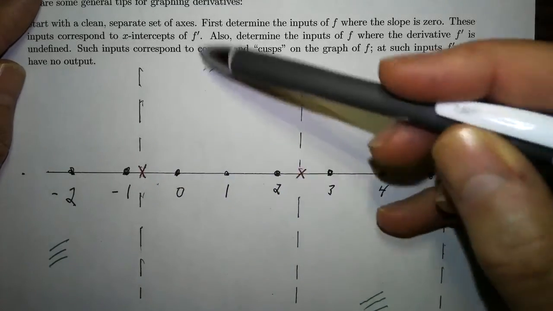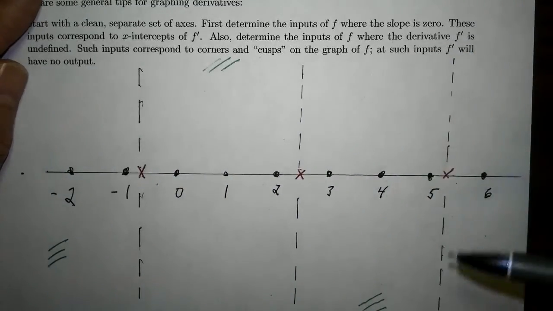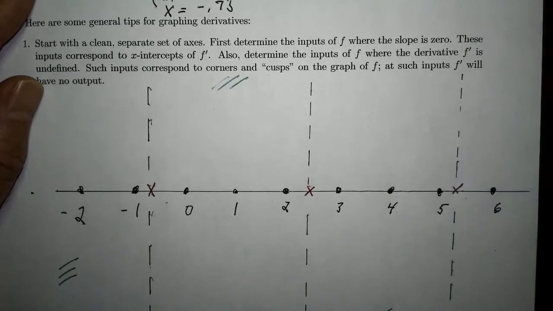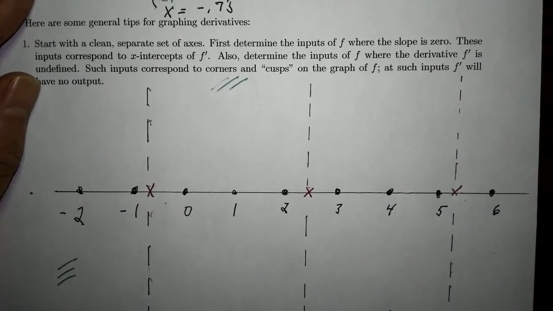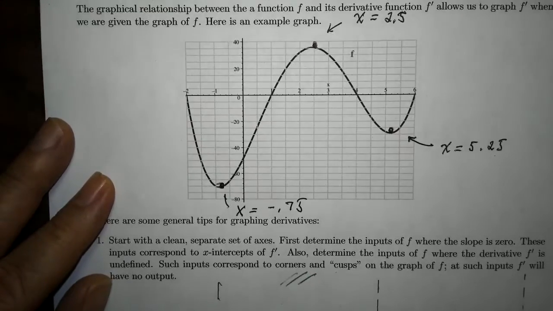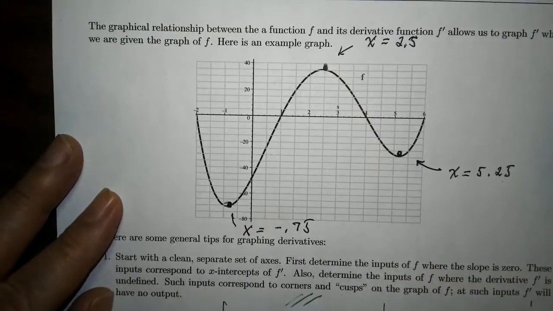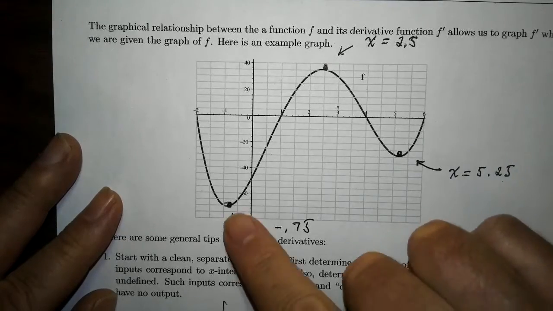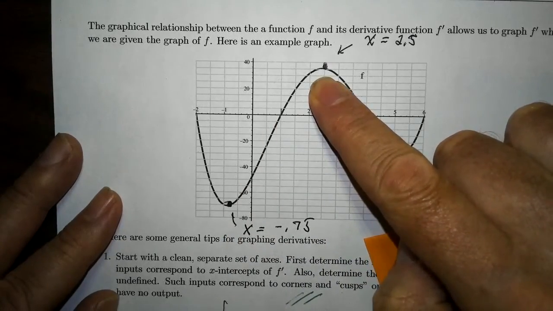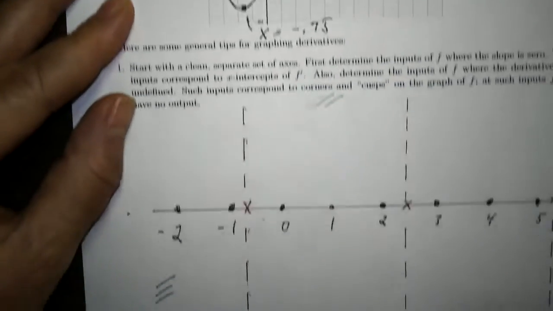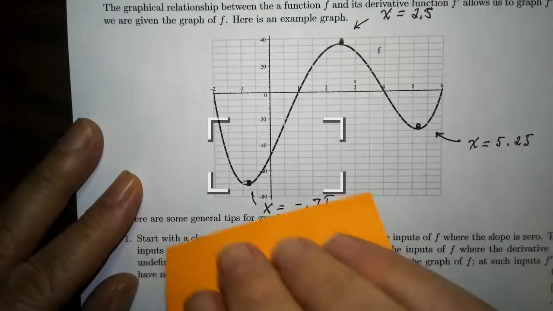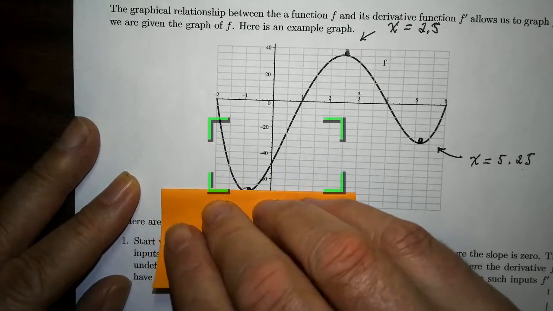I could go like that, or I could have things wave around all over the place. Now here's where it really helps to think in terms of slope. Let's take a look at what's happening from minus 0.75 up to 2.5. The slope is always positive here. That means the derivative function is always above. The slope starts at 0.